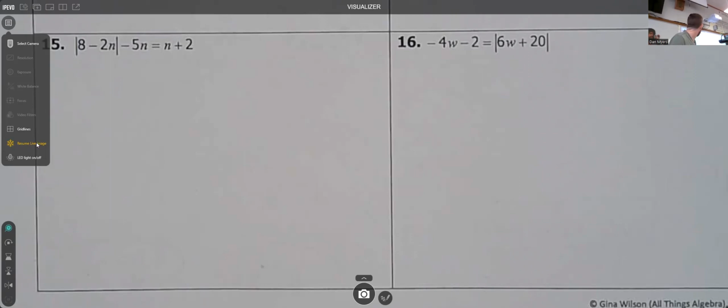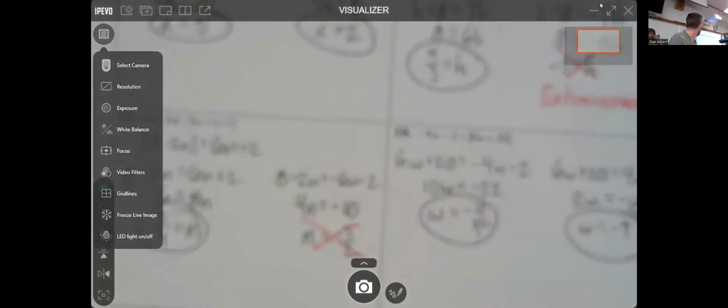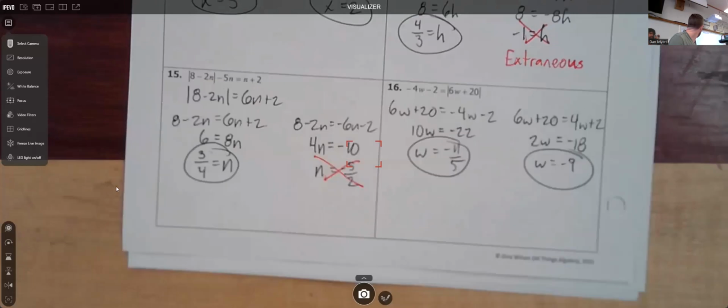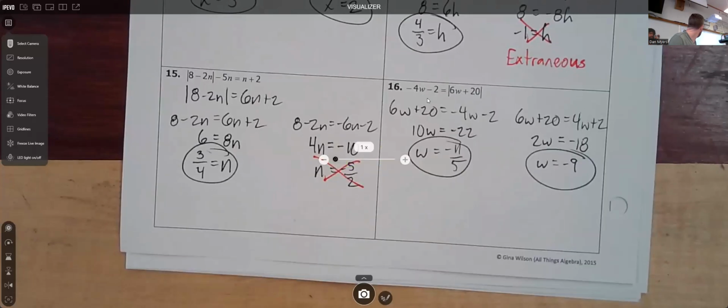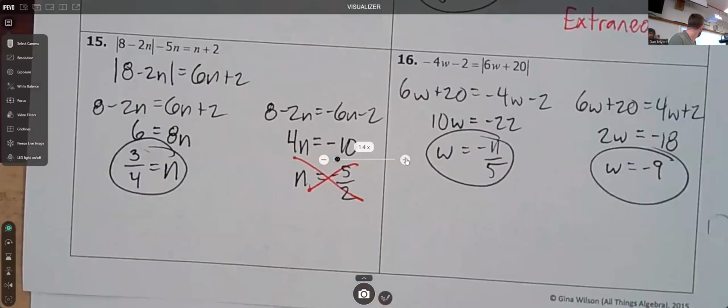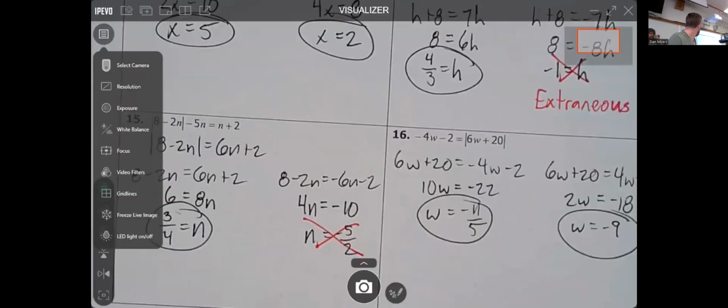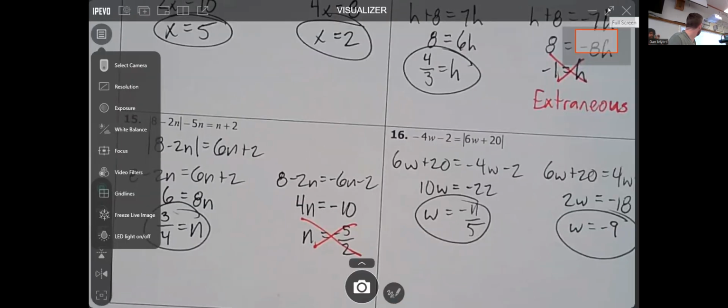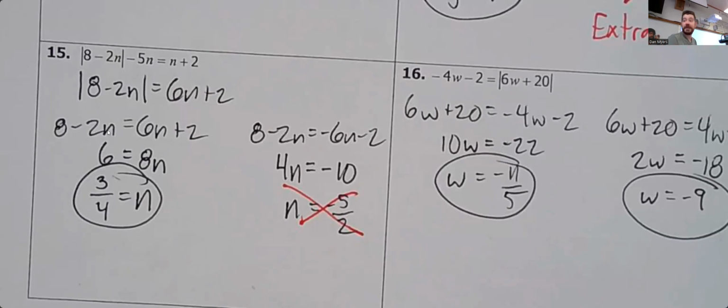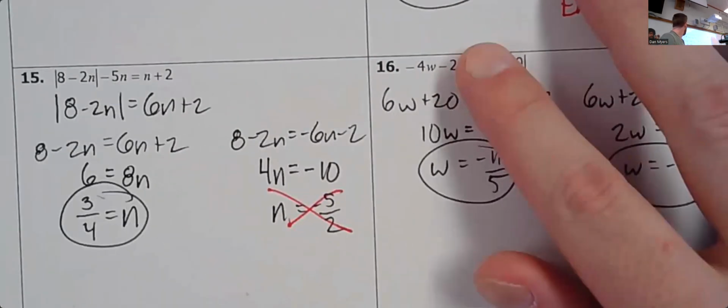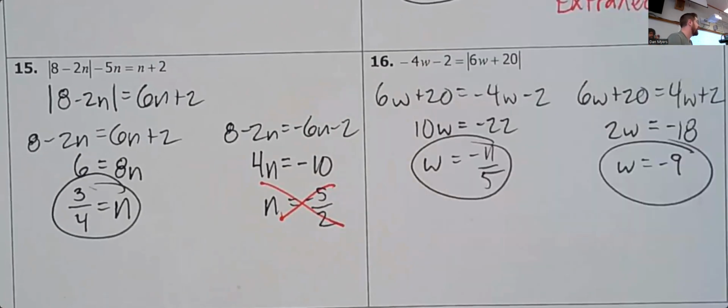All right. That'll work. There it is. All right. So with number 15, I got 3/4 and I got -5/2.